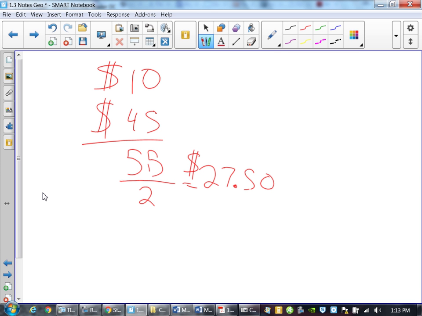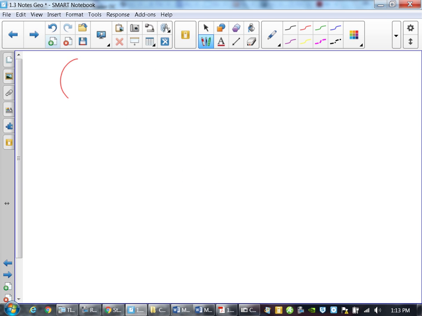Now, instead of doing that with just one value, an A and a B, what happens sometimes is we have to look at it in terms of ordered pairs, where we have one set of X and Y values and another set of X and Y values. So we have to come up with the average amount of the X's and the average amount of the Y's.